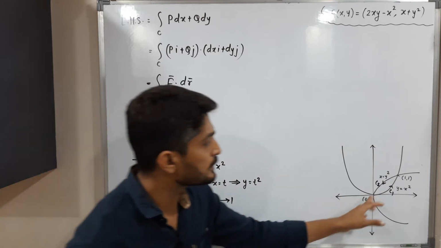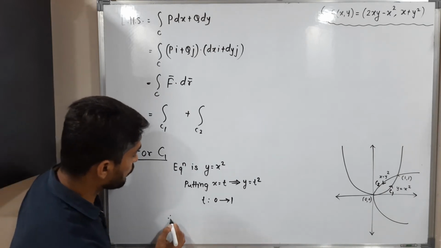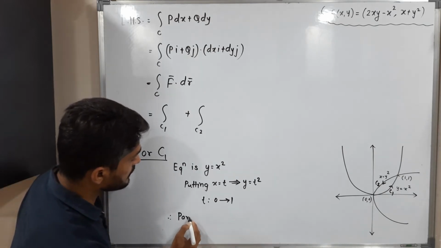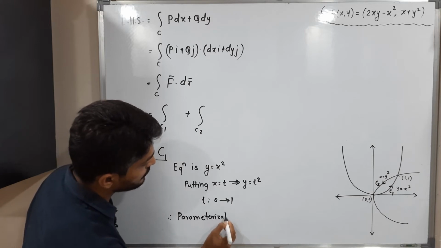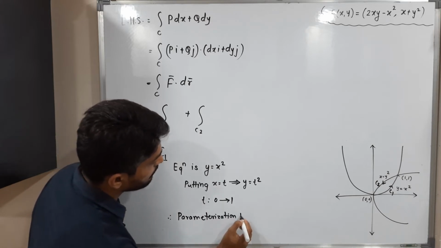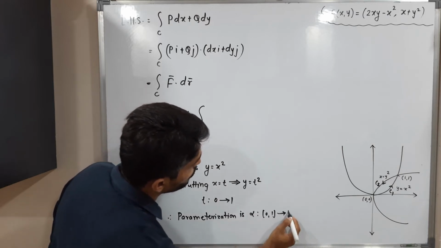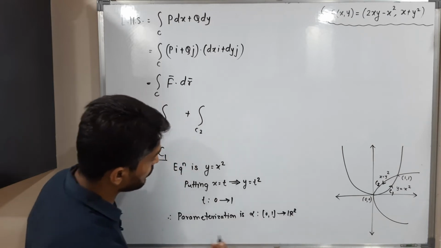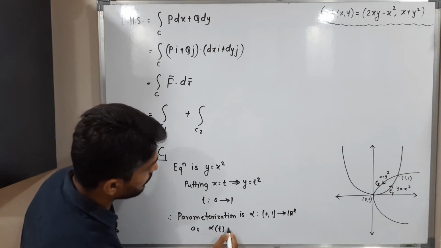So parameterization of the curve C1 is alpha defined on the closed interval 0, 1 to R2 as alpha of t is equal to x.